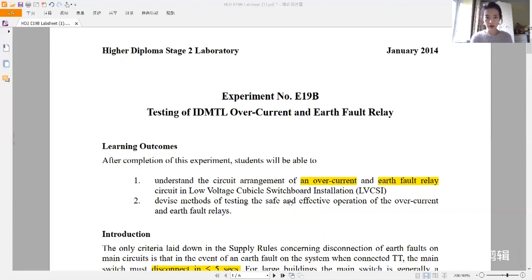After this experiment, we will be able to understand the circuit arrangement of an overcurrent and earth fault relay circuit in low voltage cubicle switchboard installation, and also devise methods of testing the safe and effective operation of the overcurrent and earth fault relays.